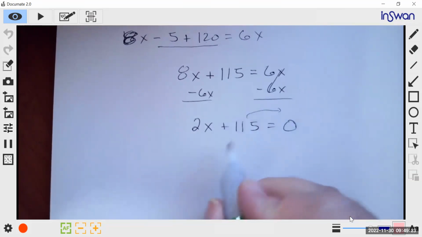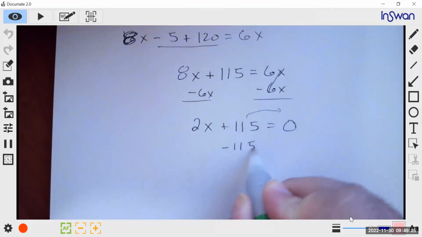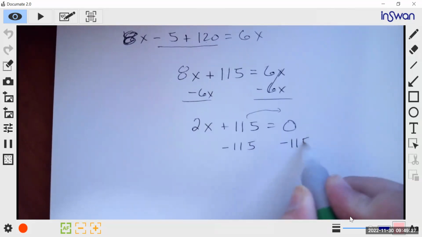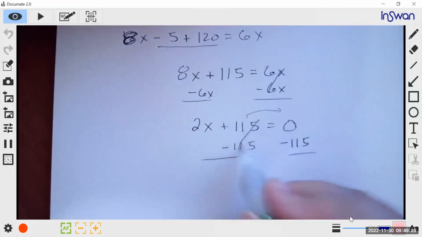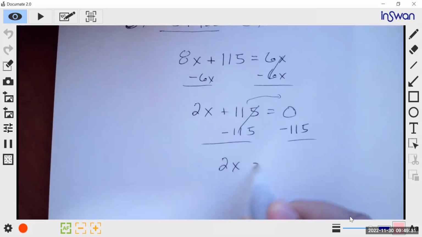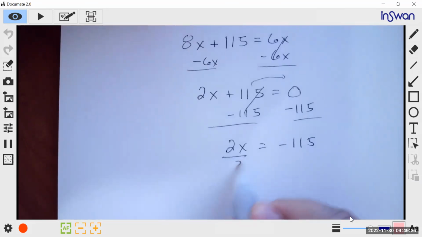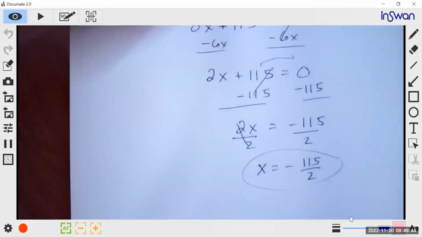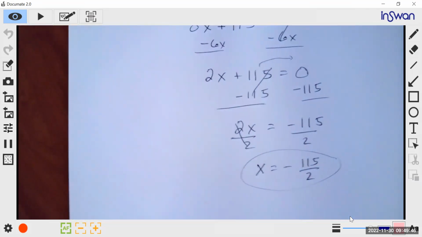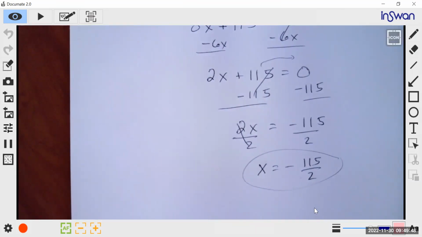Move the 115 over, so subtract 115 from both sides. And then divide by 2. Negative 115 over 2 is your final answer.